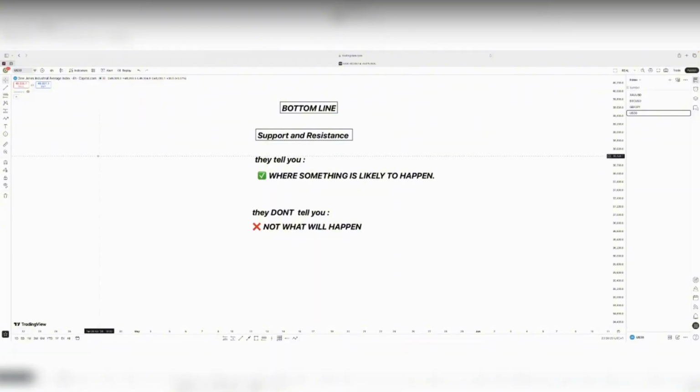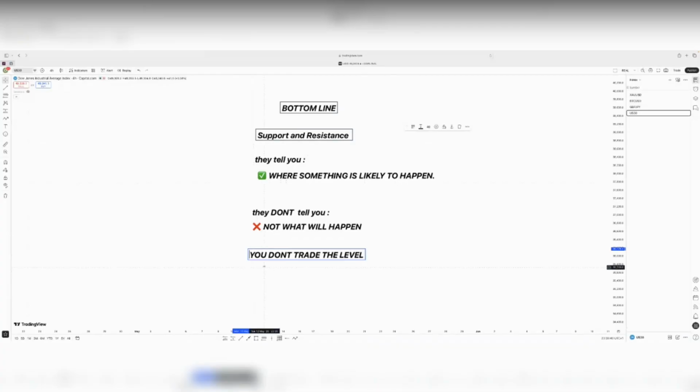You do not trade the level, you trade the reaction. You don't just press buy or sell just because it's a support or a resistance. You don't trade the level.